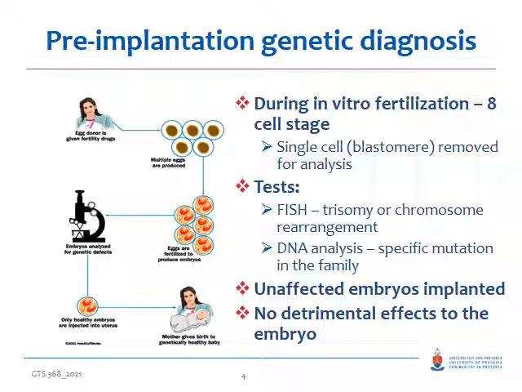They are removed and fertilized with sperm. The cells are then allowed to reach the 6 to 10 cell stage, whereafter a needle is inserted into the embryo and only one cell removed. The rest of the embryo can develop normally despite the loss of one cell. Only unaffected embryos will be implanted into the uterus.